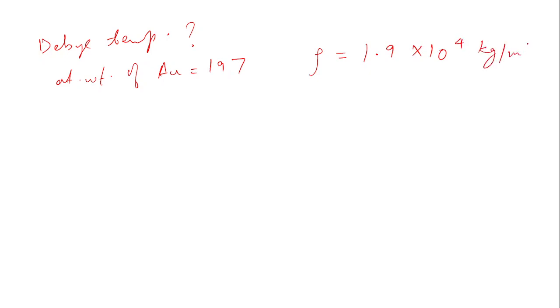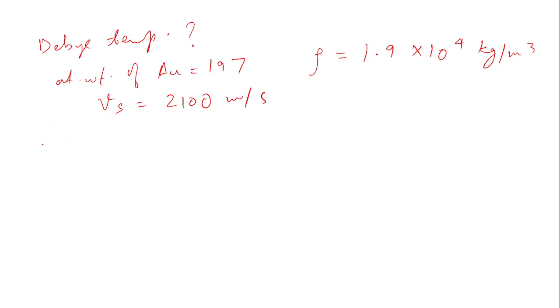Sorry, the question is missing here. We were given the atomic weight of gold, which is 197, the density, which was 1.9 times 10 to the power 4 kg per meter cube, and the velocity Vs of the wave, which was 2100 meter per second. So we had to calculate the Debye temperature.